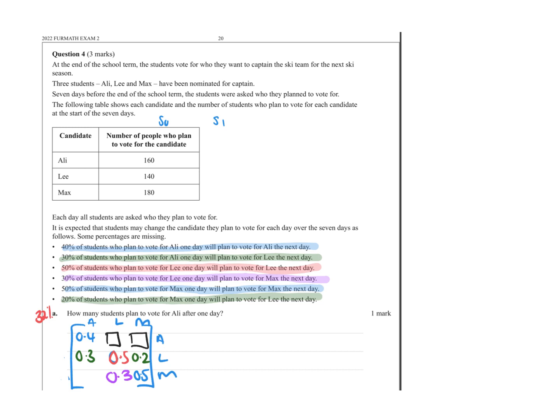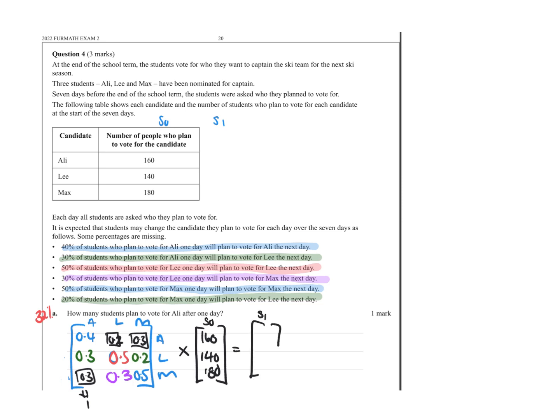So there were some missing, I've got 3 missing. Now I can work them out because transitions have to add up to 1. So this one's 0.3, this one's 0.2, and this one's 0.3. Once I've got that, the transition times the original state, which was 160, 140, 180, equals S1.